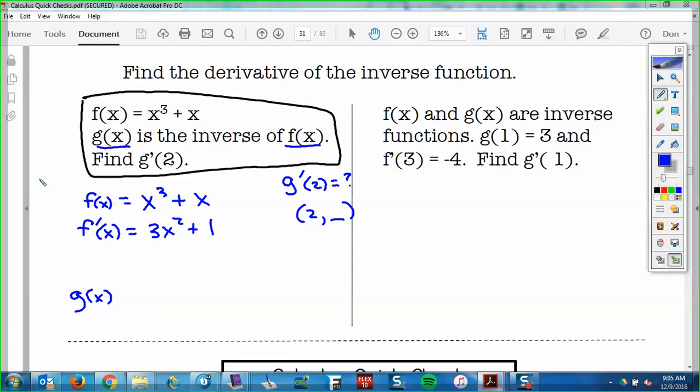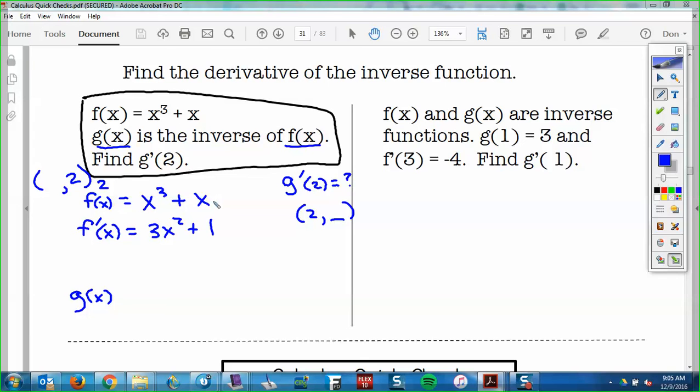Well, that means on the f graph, it's something comma 2. Does that make sense? So we don't want to put a 2 in for x here. What we need to do is put a 2 in for the output. We need to see where x cubed plus x equals 2, right?